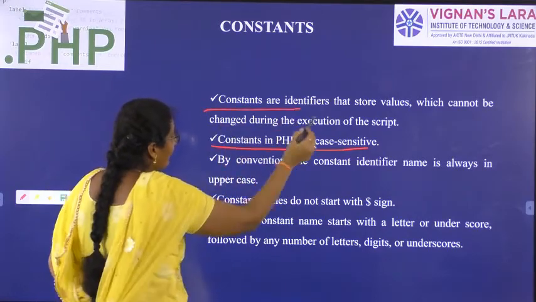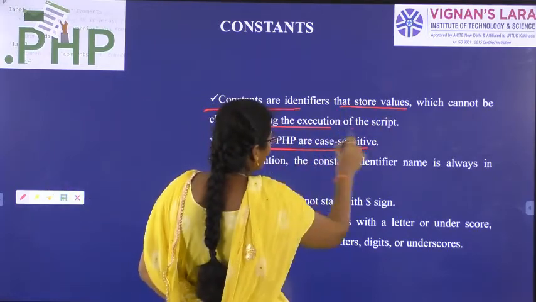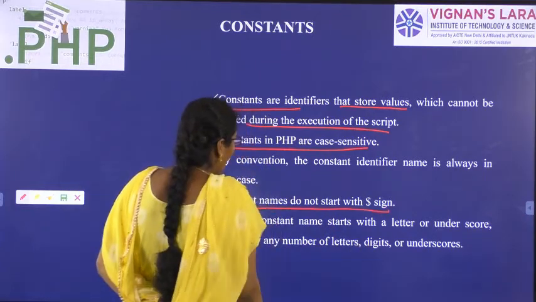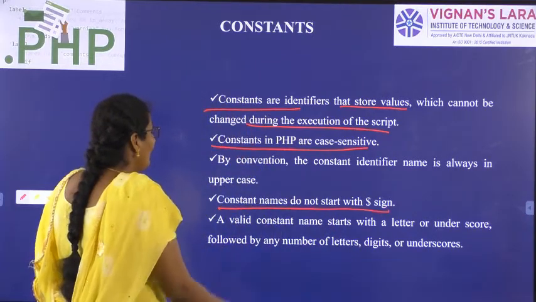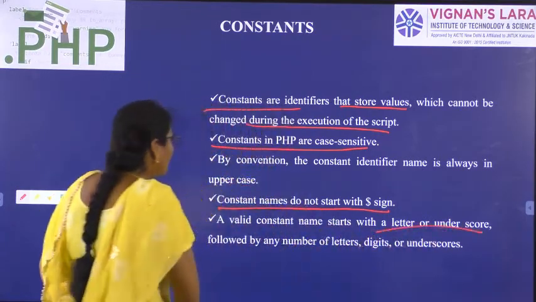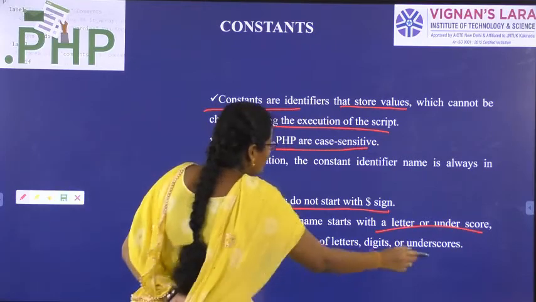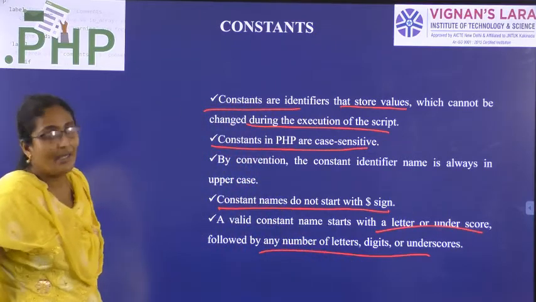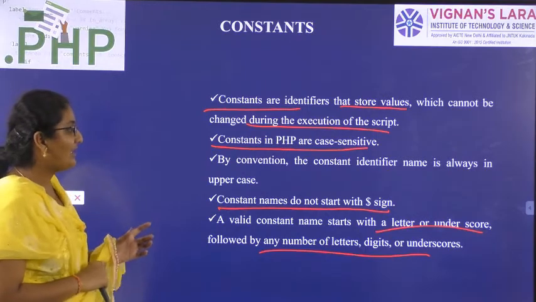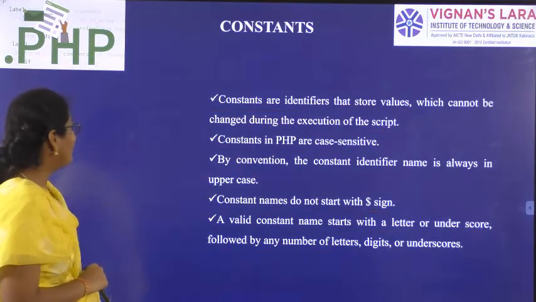Constants are identifiers used to store values and cannot be changed. Constant names do not start with dollar symbol. Valid constant names will start with underscore or letter followed by numbers or digits. So constant name will not start with dollar symbol. We can start the constant name with letter or underscore.